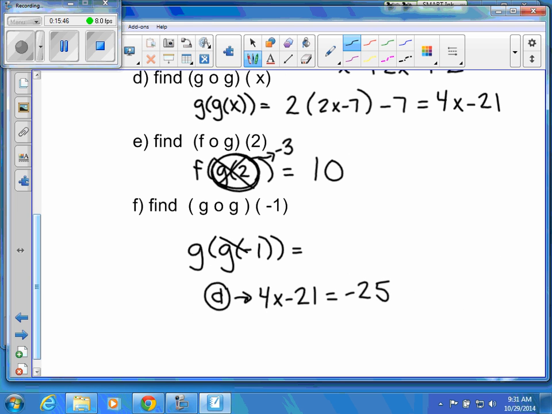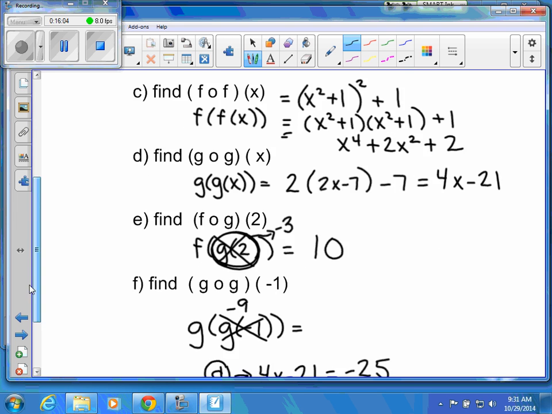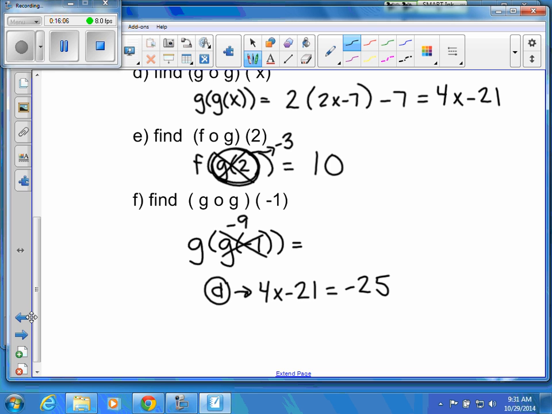Now I'm going to do g of a negative 9: 2 times a negative 9 minus 7. What's 2 times a negative 9? Negative 18, minus 7 gives you also negative 25. Either way will give you the right answer.